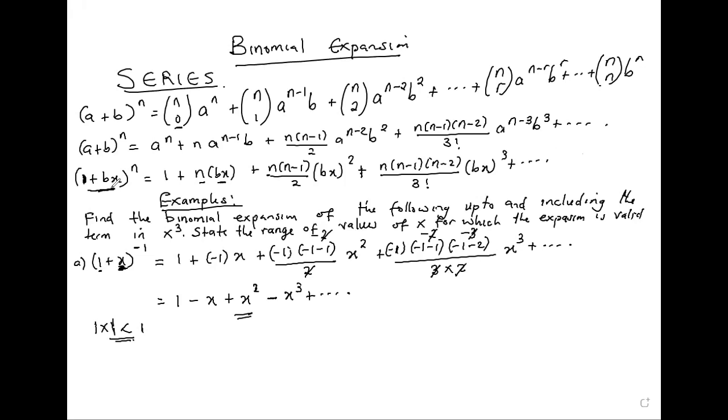So in this case, we still have 1, where there is BX, we just have X. So wherever we are seeing N in this line here, you substitute -1 all the way up to x to the power 3. That's how easy it is. Then for the range of validity, you just get the B part in the modulus less than the A part. And these are not complicated. To expand the series is the very easiest thing to do.